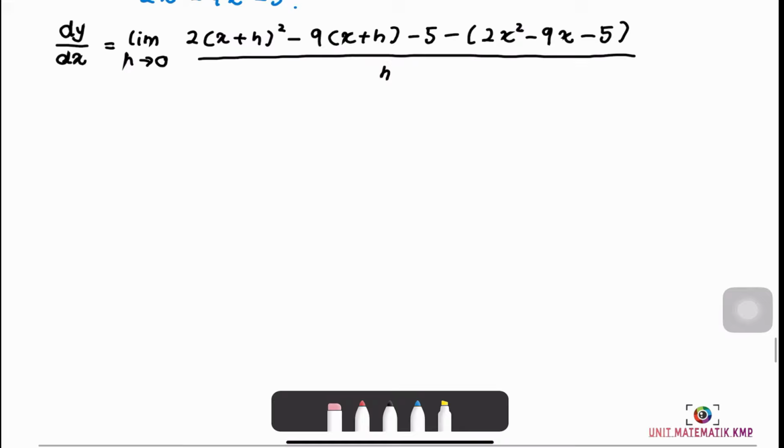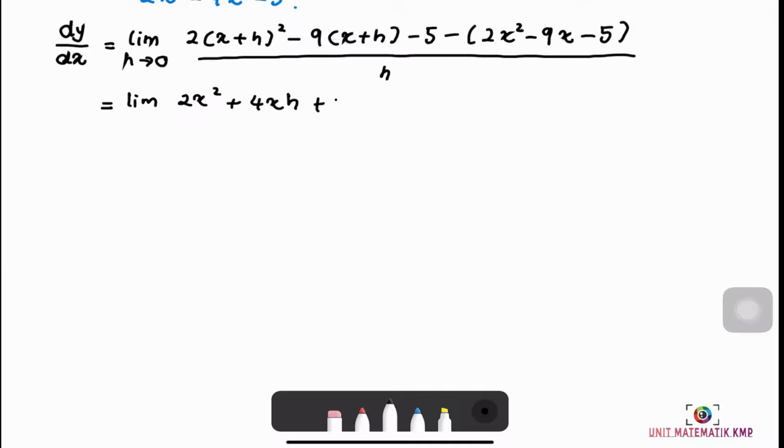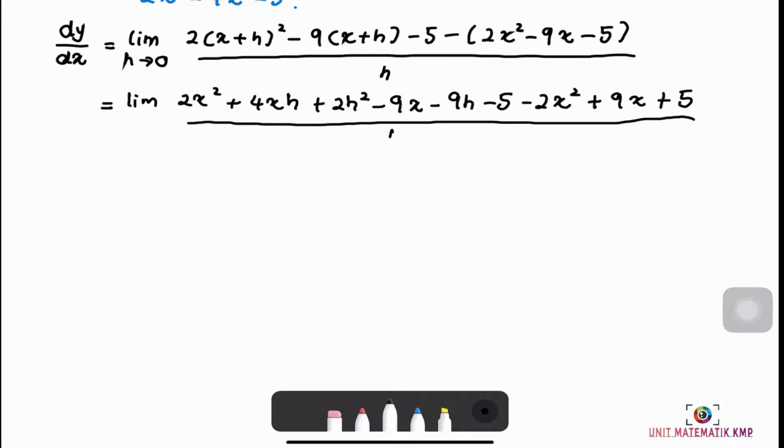We will have the limit of 2x squared plus 4xh plus 2h squared minus 9x minus 9h minus 5 minus 2x squared plus 9x plus 5, and the whole thing is over h when h approaches 0.